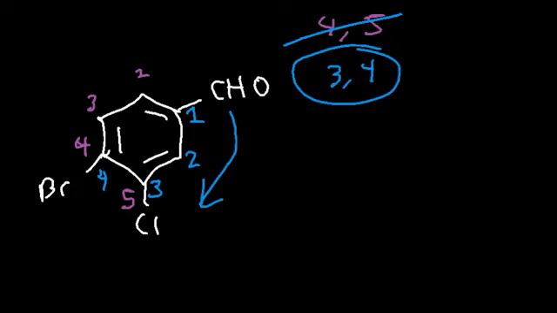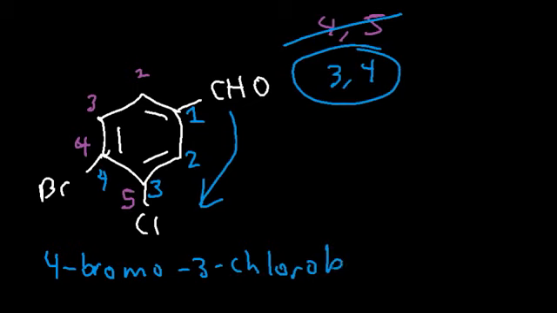Now, we have a 3-chloro and a 4-bromo. Whenever we're putting these substituents into a name, you have to place them in alphabetical order. So bromo comes before chloro. So this substance is going to be called 4-bromo-3-chlorobenzaldehyde.